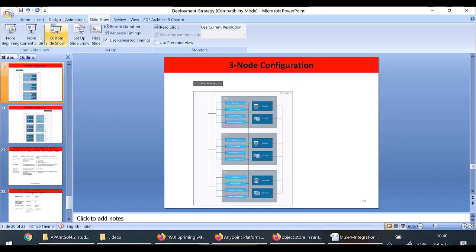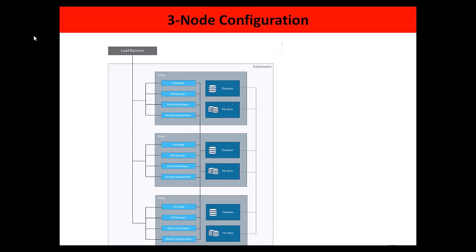I'll just maximize this. You can see here, this is a 3-node configuration for Private Cloud Edition. Here you have 3 nodes. In every node, the platform services like Exchange, API Manager, Runtime Manager, Identity Manager, etc. are running on each and every node for achieving high availability and failover.